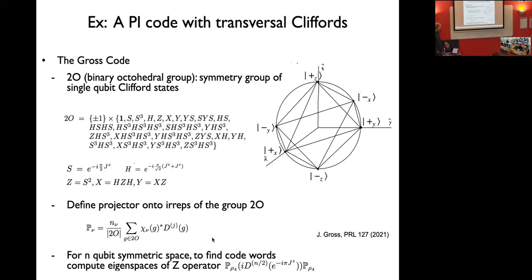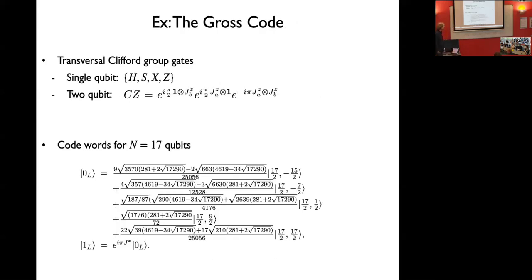And if we want to encode this into a permutation invariant code, then you want to look at the irrep for SU(2) with n over 2. Then this will give you a projection onto the Z operator for that encoded qubit, which will have these Clifford gates as SU(2) gates. So it'll just be collective rotations.